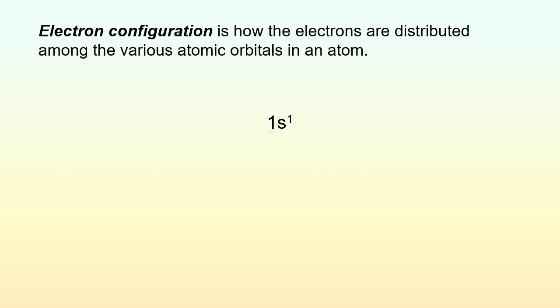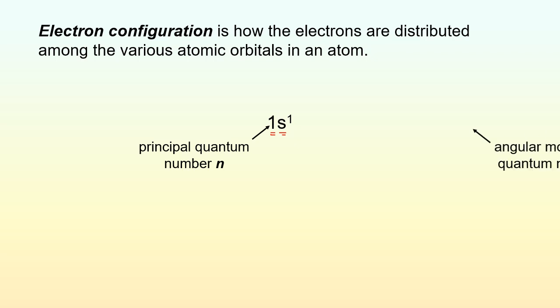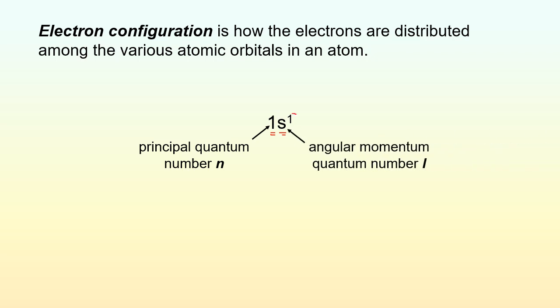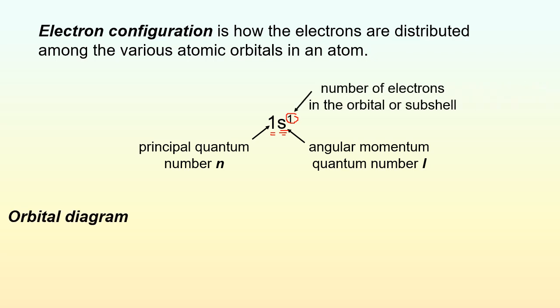This number denotes the principal quantum number, this letter denotes the azimuthal or angular momentum quantum number, and this number tells us the number of electrons in this orbital. We can also represent electronic configuration in the form of an orbital diagram.